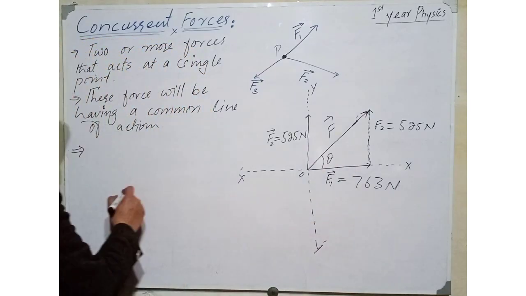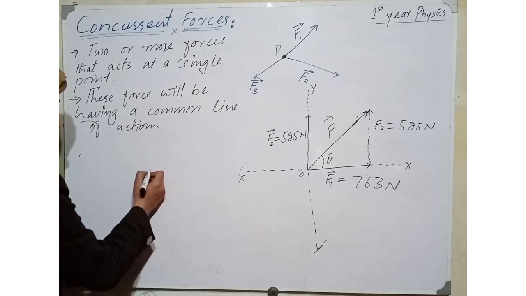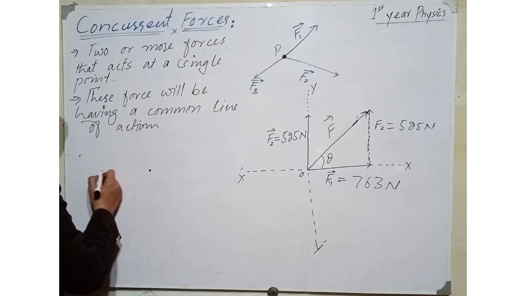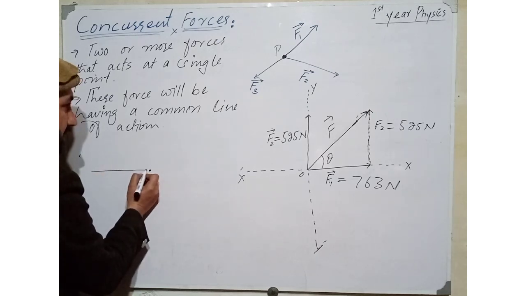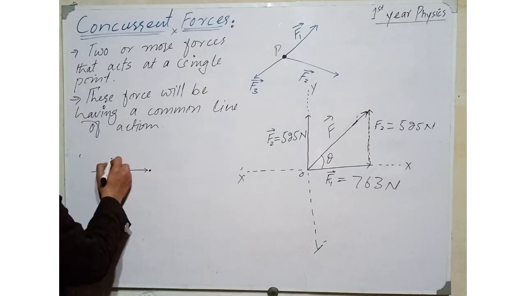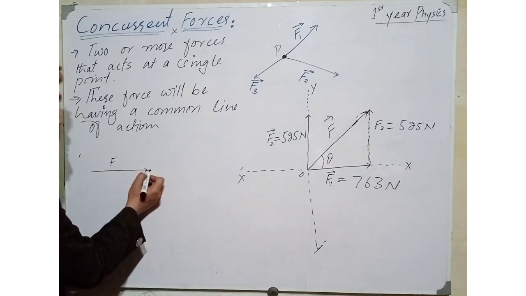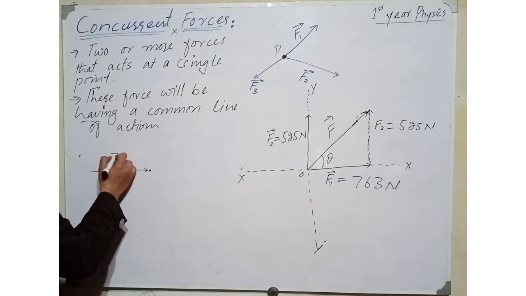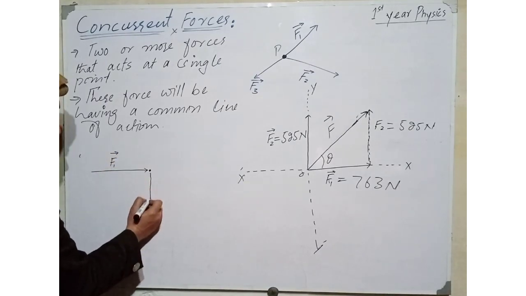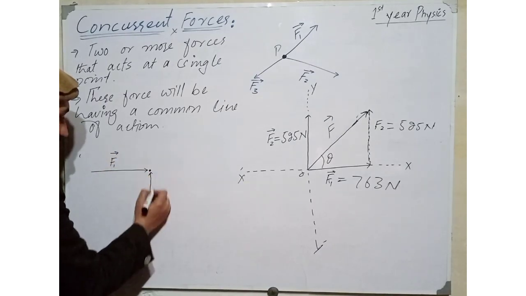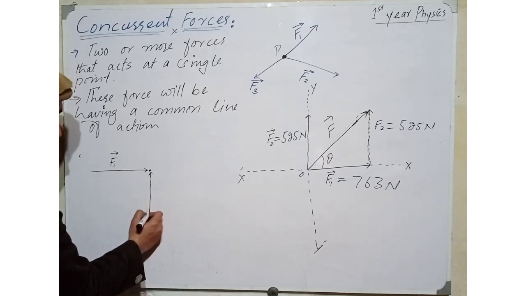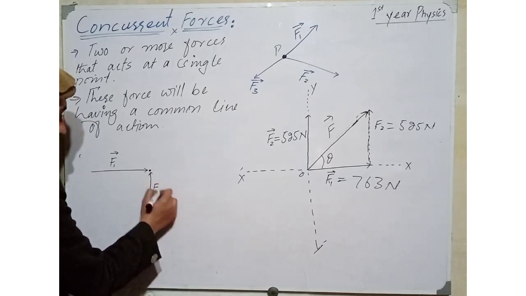So let's say we have a point object and two forces are acting on that point object. F1 is in that direction and F2 is in this direction.